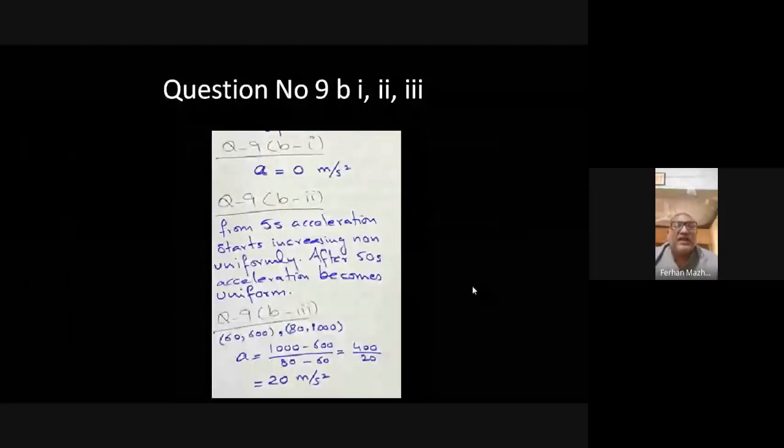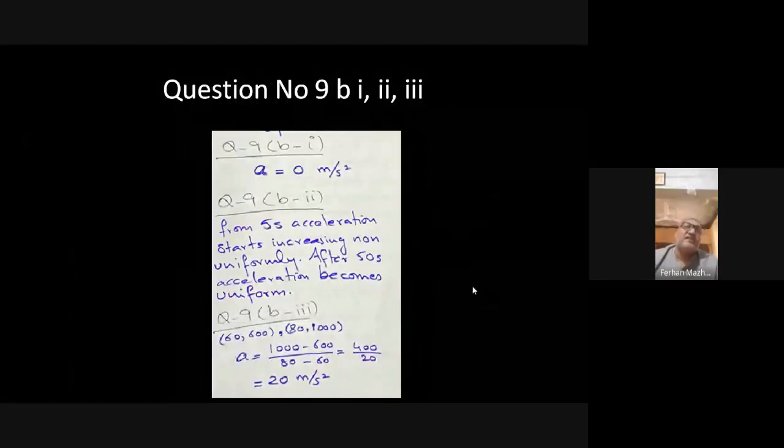Then I apply the formula for the gradient, y2 minus y1 divided by x2 minus x1: 1000 minus 600 divided by 80 minus 60. 400 divided by 20, and the final answer will be 20 meters per second squared.